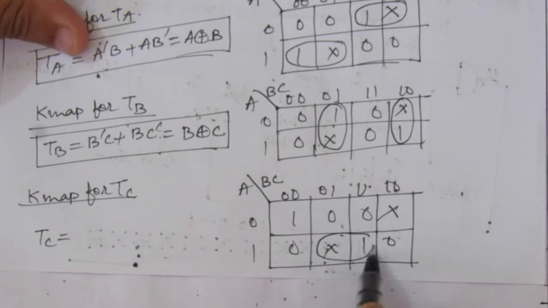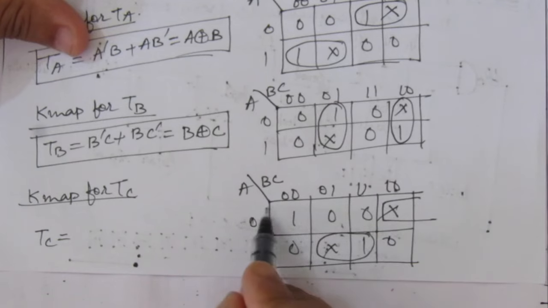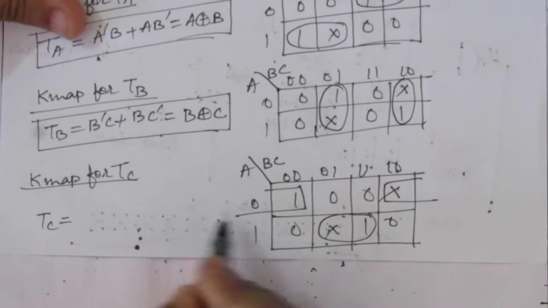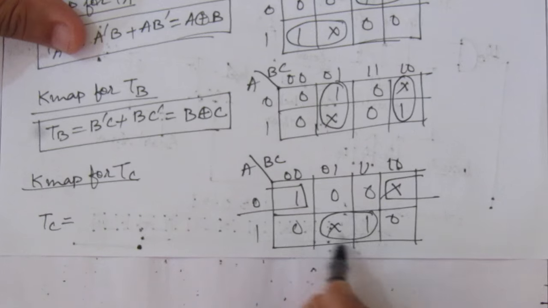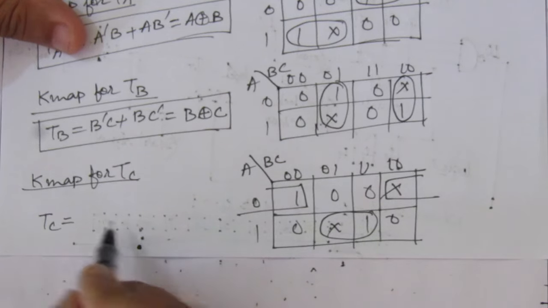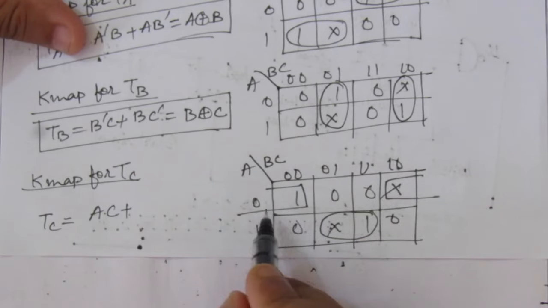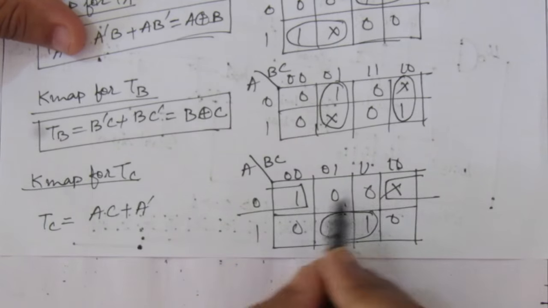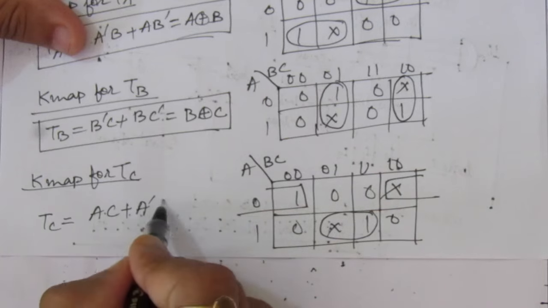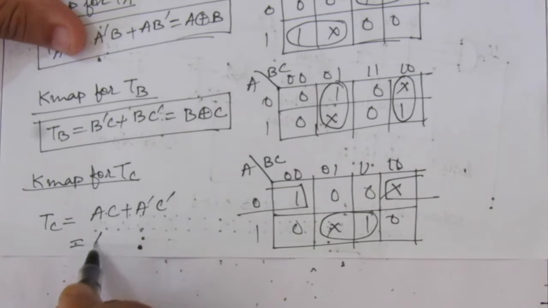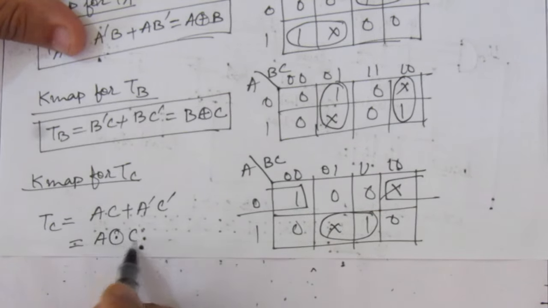So this will be one combination and this will be the second combination. So TC will be, from this term we'll have A C plus from this combination we'll get A bar C bar. So we can write here A XOR C.